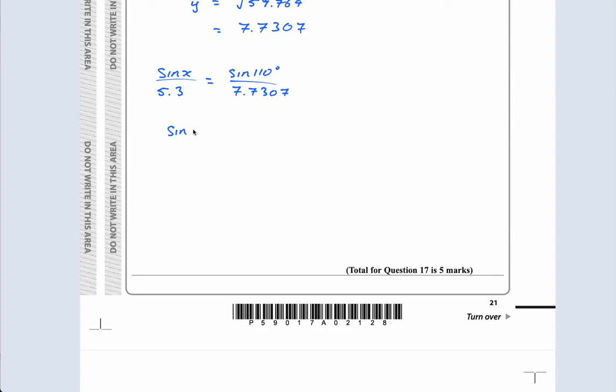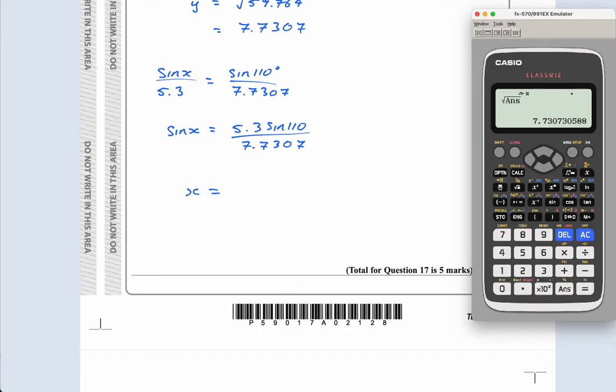So I say sine x equals, multiply across by 5.3, 5.3 sine 110 over 7.7307. And then I'm just going to go straight to x, which is the inverse sine of this. So just be careful.